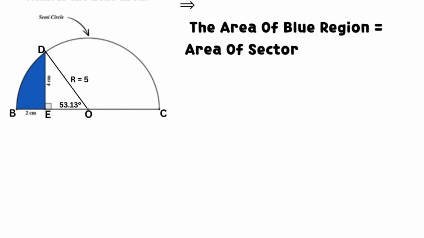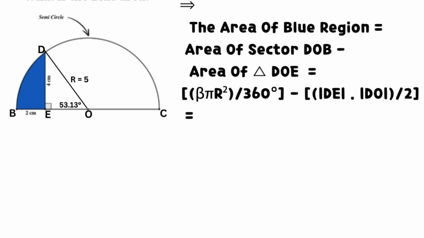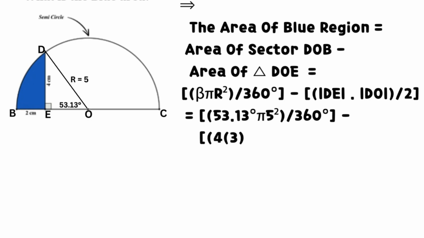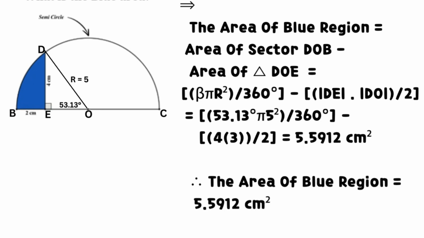It implies that the area of the blue region equals the area of sector DOB minus the area of triangle DOE, which equals the product of 53.13 degrees, pi and the square of 5 all divided by 360 degrees, minus the product of 4 and 3 all divided by 2.